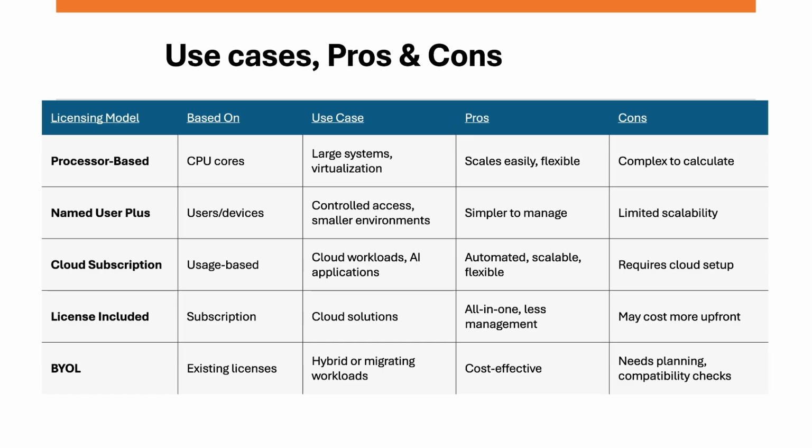If you take 100 named user plus licenses, only 100 users can connect to the database. Licenses are purely based on the number of distinct users accessing the database, so this is ideally used for environments with a limited number of users. Each user or device is assigned a license.